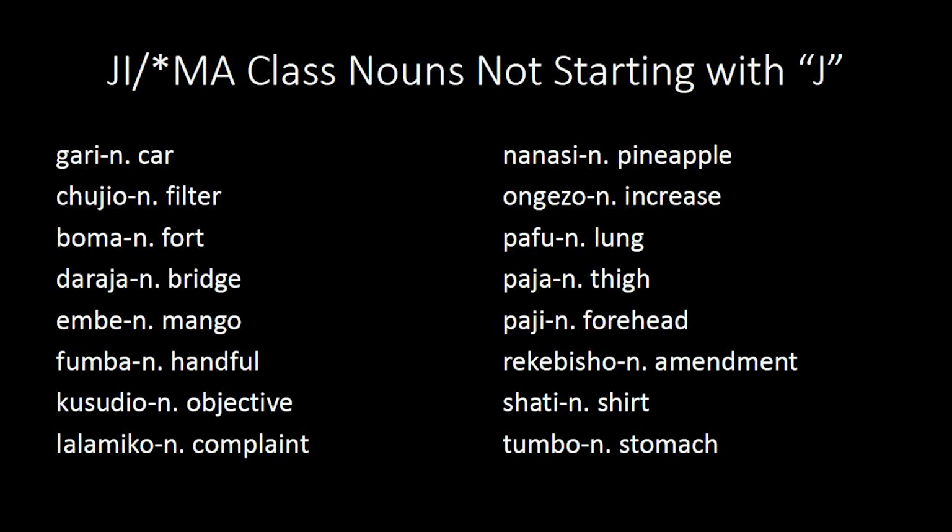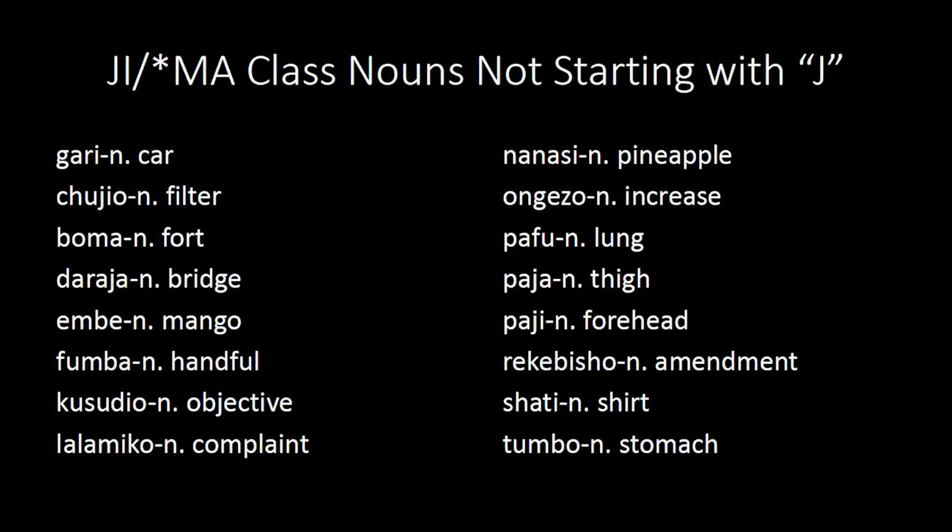Paji is forehead. Now this word here is kind of long. Marekebisho. It's an amendment or correction. And then shati is shirt. And then tumbo is stomach.